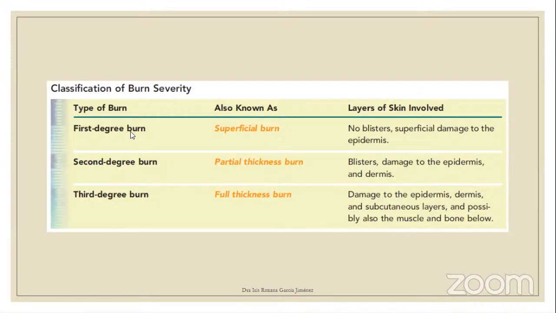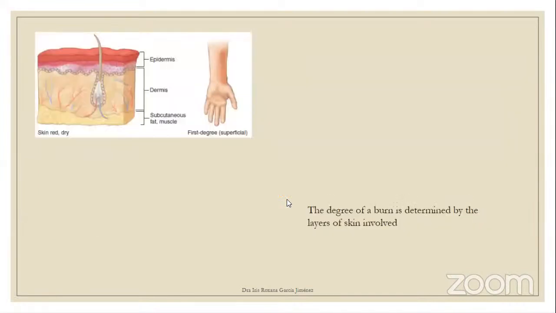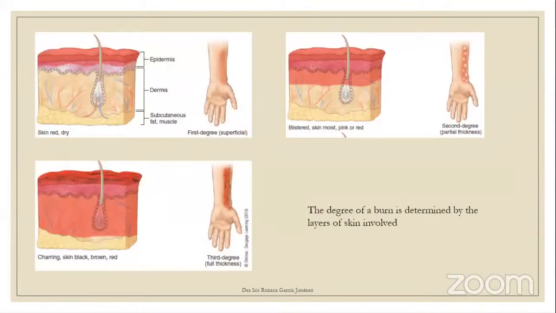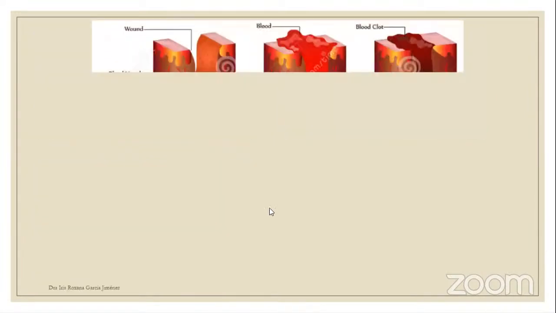We have the first degree burn, second degree, and third degree burns, also known as superficial burn, the first degree, partial thickness burn, the second degree, and third degree, full thickness burn. Considering this, we see the difference and we can catch how it works on skin.